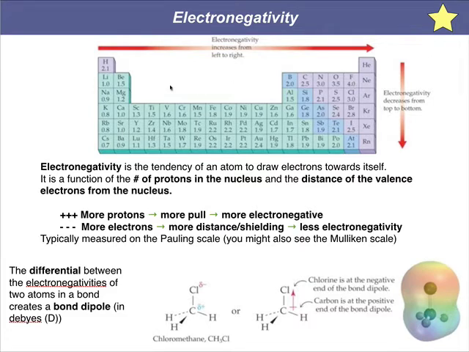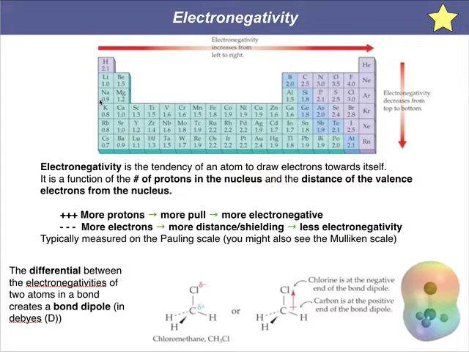So this table here has a number on it for each atom. And that number is part of what's called the Pauling scale. Another scale you might see is the Mulliken scale. But generally speaking, the Pauling scale is the most popular scale. It simply goes from 1 to 4 in ranking how electronegative an atom is.